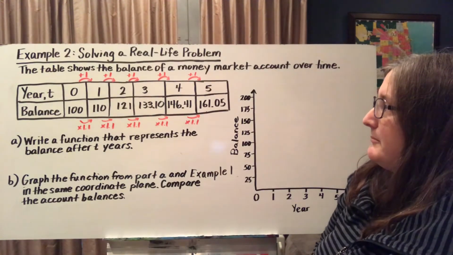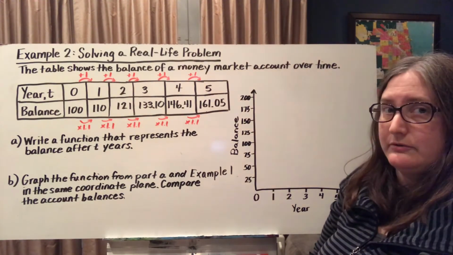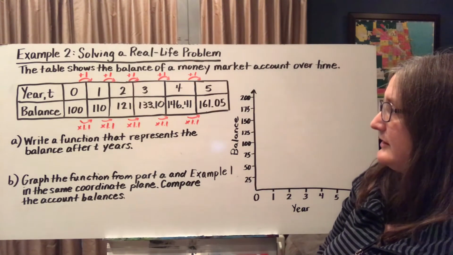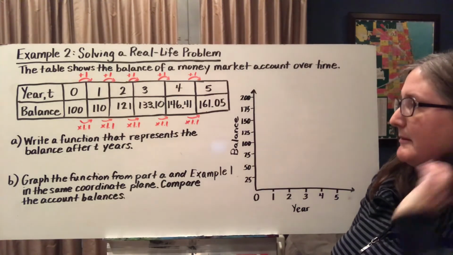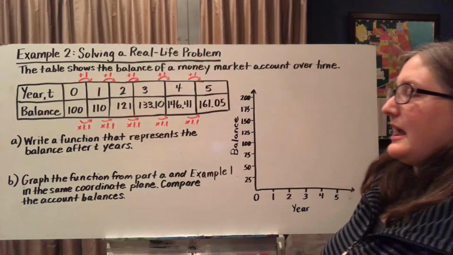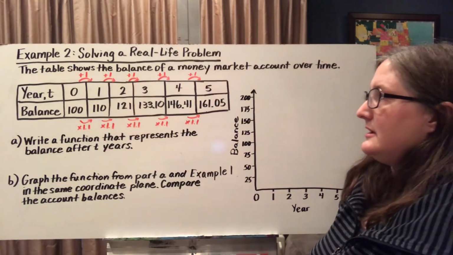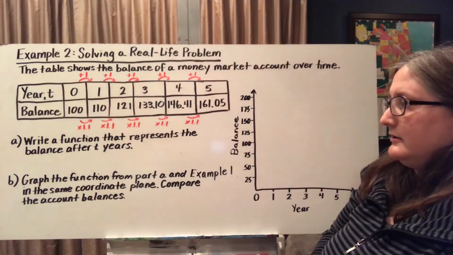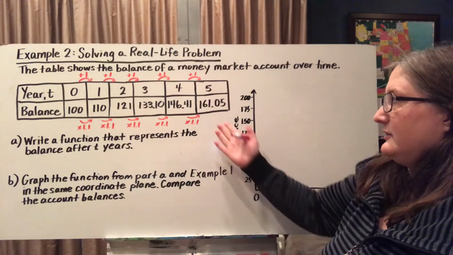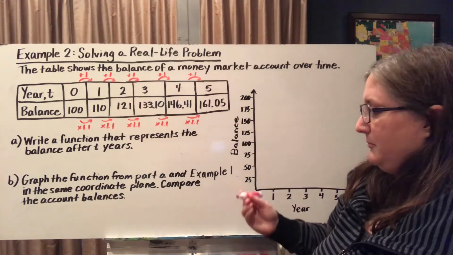Now this table shows the balance of a money market account. So we just wrote an equation for a savings account. Now we have a money market account, and we're starting with the same amount, $100. But as the years go on, I see that my money, as each year goes on, is being multiplied by 1.1. So if I want to write an equation for this, I notice this is the exponential pattern.